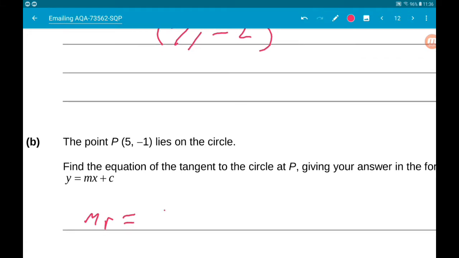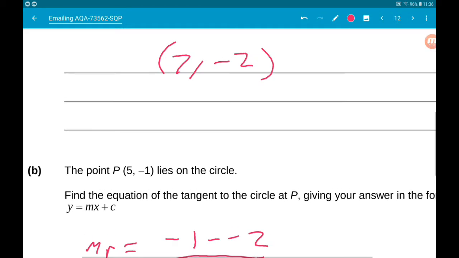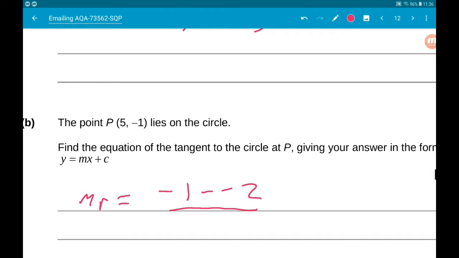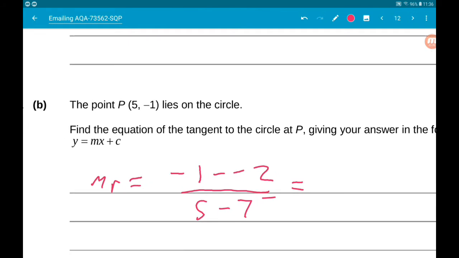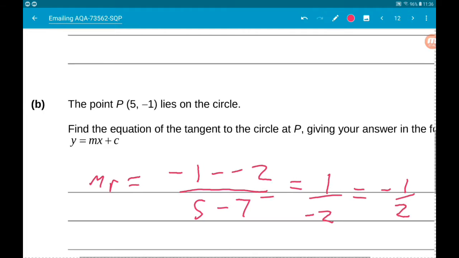So, let's do −1 minus −2 over 5 minus 7. So −1 minus −2 is 1. 5 minus 7 is −2. So the gradient of the radius is −1/2.